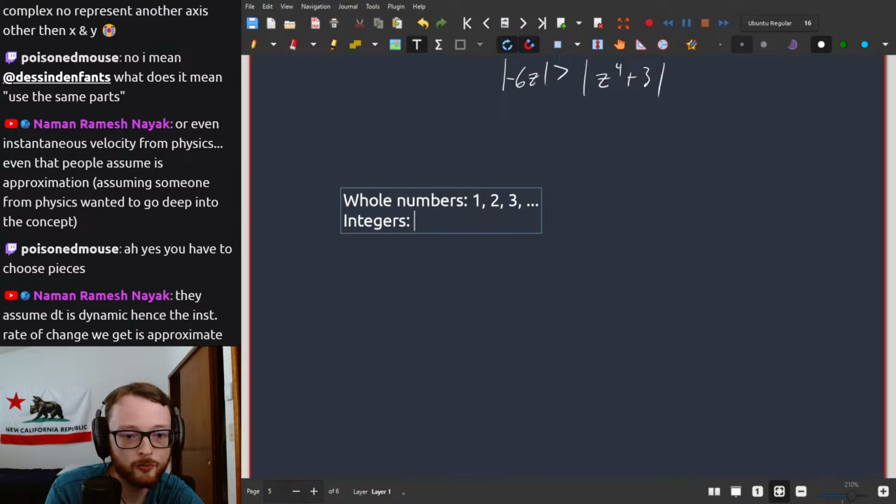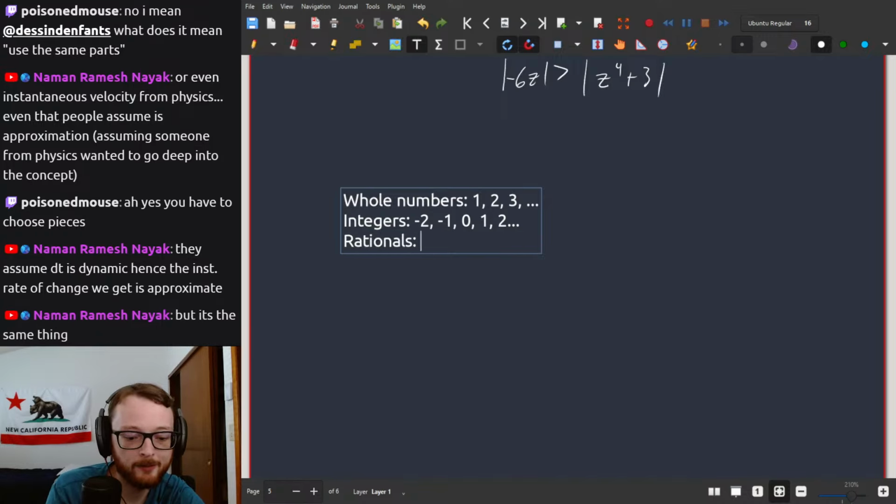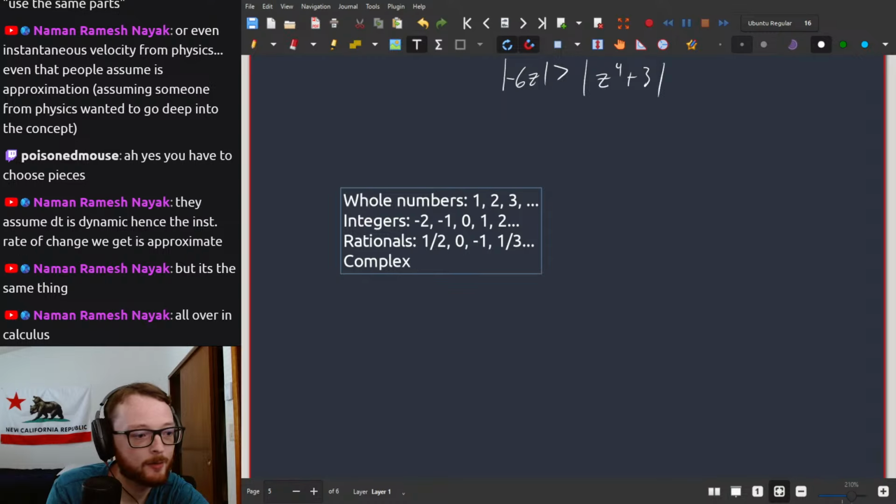Maybe integers, -2, -1, 0, 1, 2, so on. Rationals that include fractions. Complex numbers are their own thing.